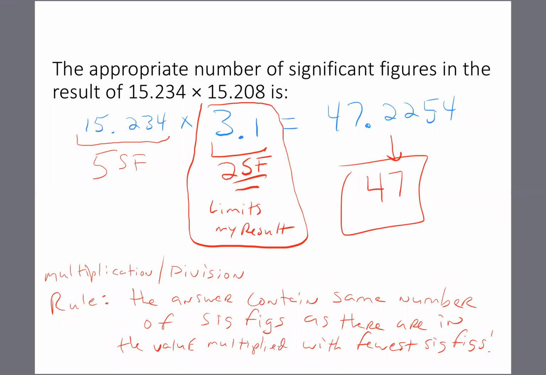So my result that I report should be 47, when I round the 0.2 down, because it's less than 5. That's going to have 2 sig figs, and that's going to be my answer because it's limited by the least precisely known value. And this is the rule for multiplication or division. Doesn't matter if you do division or multiplication, you apply the same rule. You find the number with the fewest sig figs, and your answer cannot have more than that.